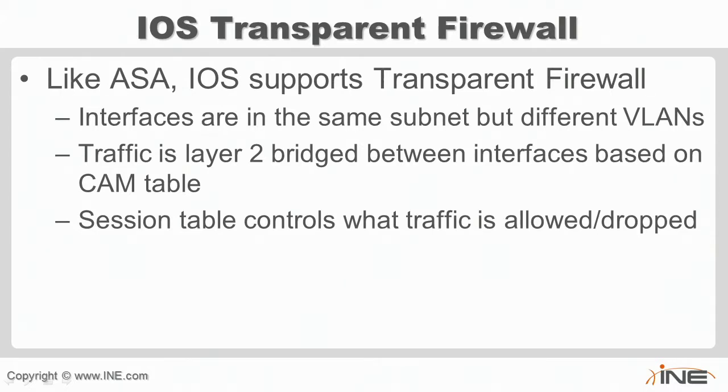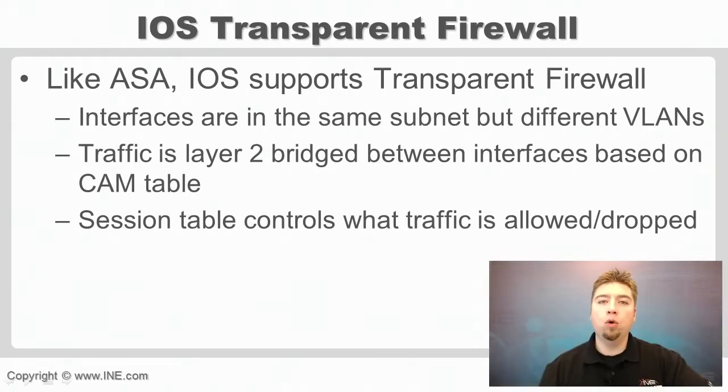Now, ultimately, the session table for the firewall is still going to control which traffic is going to be allowed and which traffic is going to be dropped. So from a configuration point of view, we're still going to have our inspection rules that are watching traffic that leaves the network. Then when traffic tries to return, we're going to check the session table first.